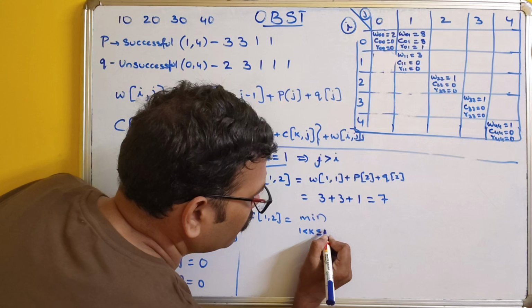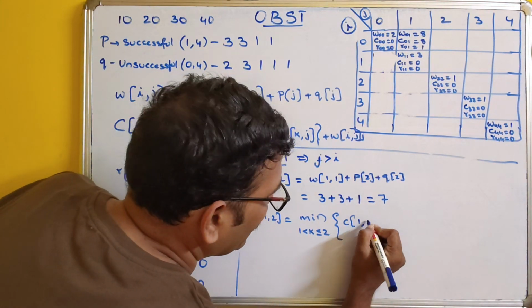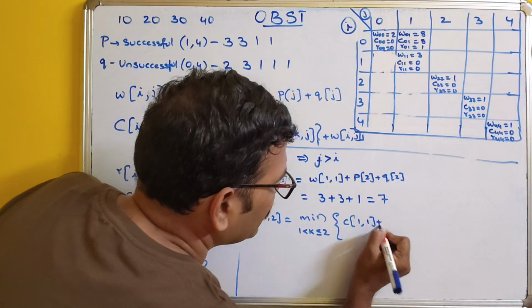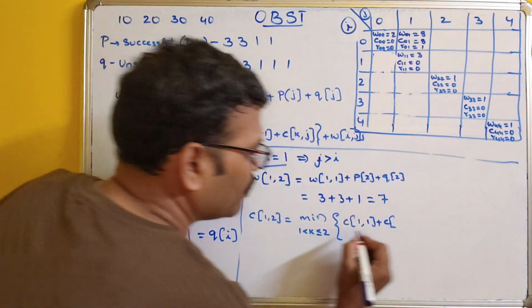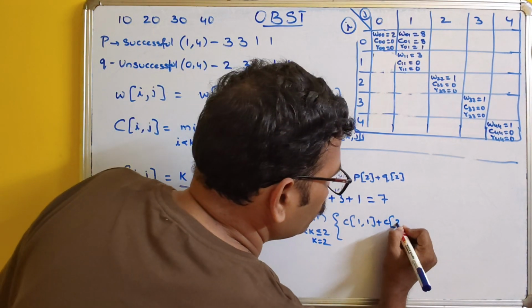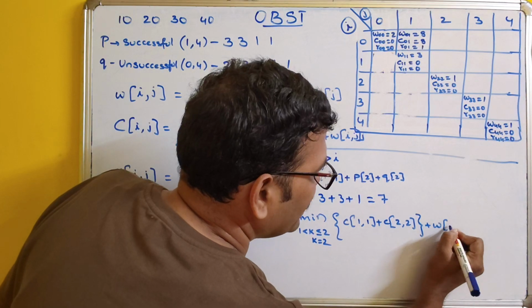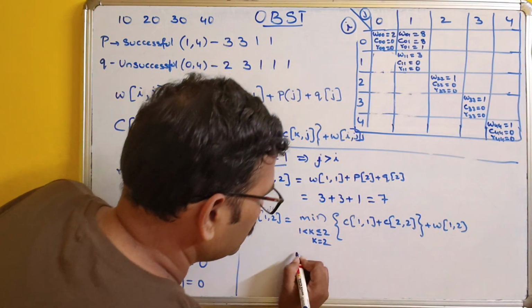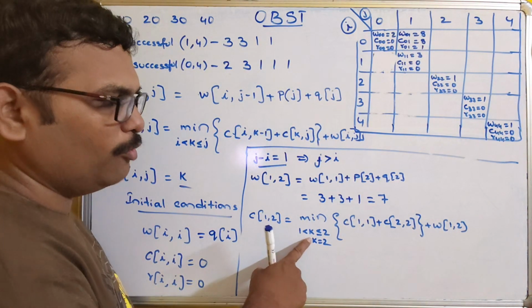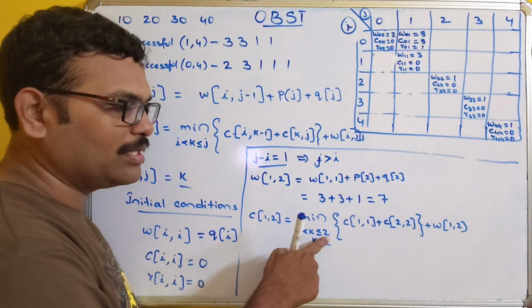And C of 1 comma 2 is nothing but a minimum of 1 less than k less than or equal to 2 of C of i, k minus 1, that means 1, plus C of k, j, k is 2. Here the k value is only 2. So 2 comma j, that means 2, plus W of i j, 1 comma 2. So the k value will be only one value, because k is greater than 1 and less than or equal to 2.